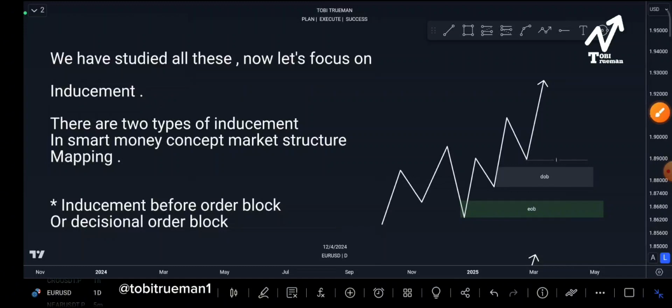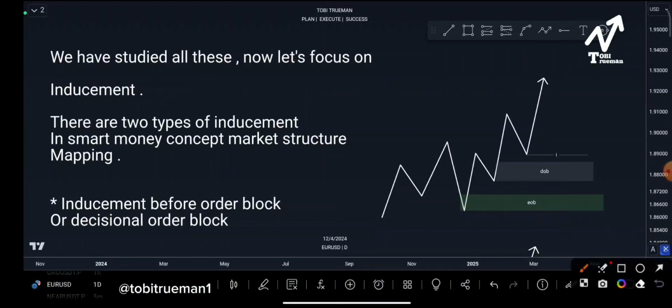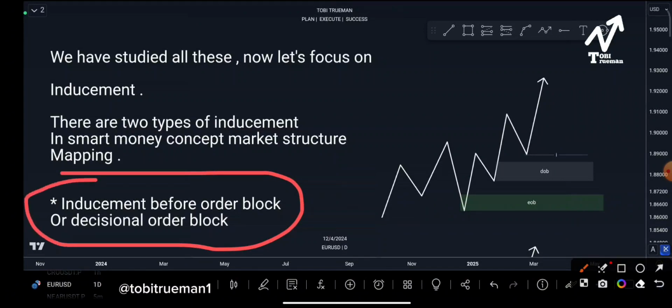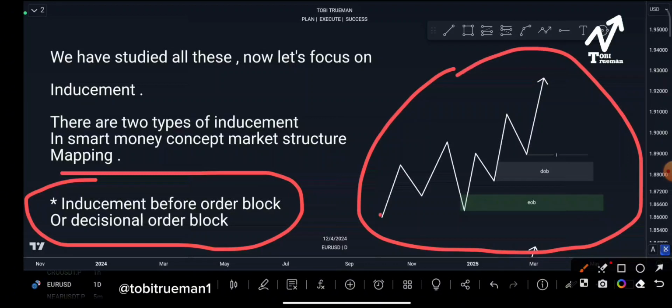When we talk about inducement, there are two types of inducement in smart money concept structure mapping. The first one is inducement before the order block or decision order block. Sometimes market structure will come this way, whereby after we mark out our structure, the market takes inducement. After inducement, we anticipate price to have a break of structure.